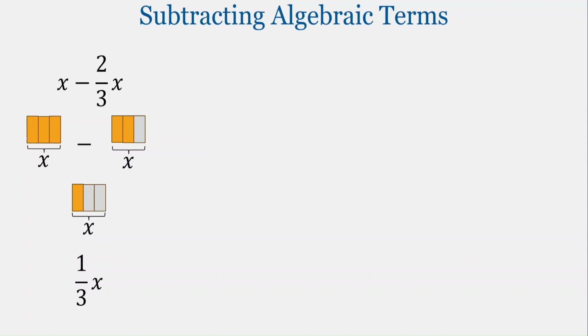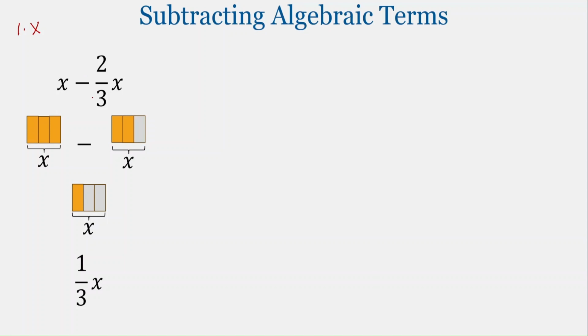For fractions, again, we're going to take x, represent it with this bar, and divide it into however many equal regions exist in the common denominator of these two numbers. So we have this x here. Again, when there is no visible coefficient, we actually have the coefficient of 1.